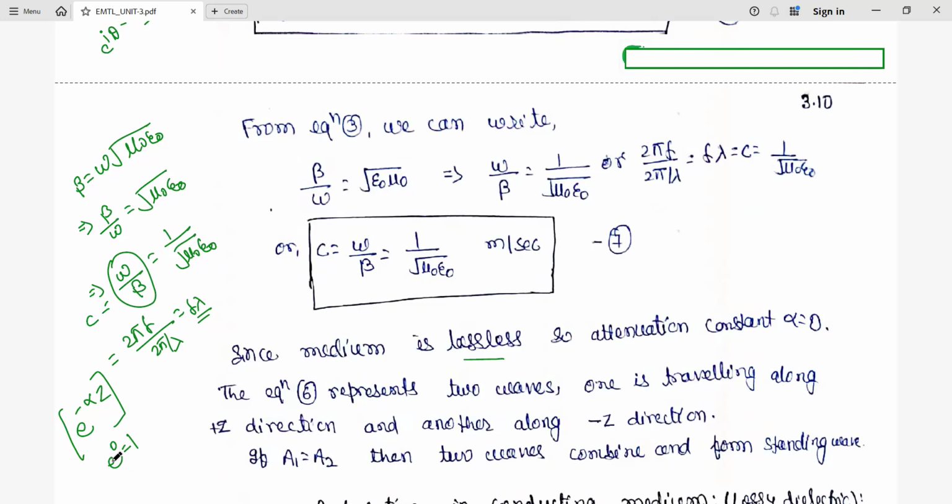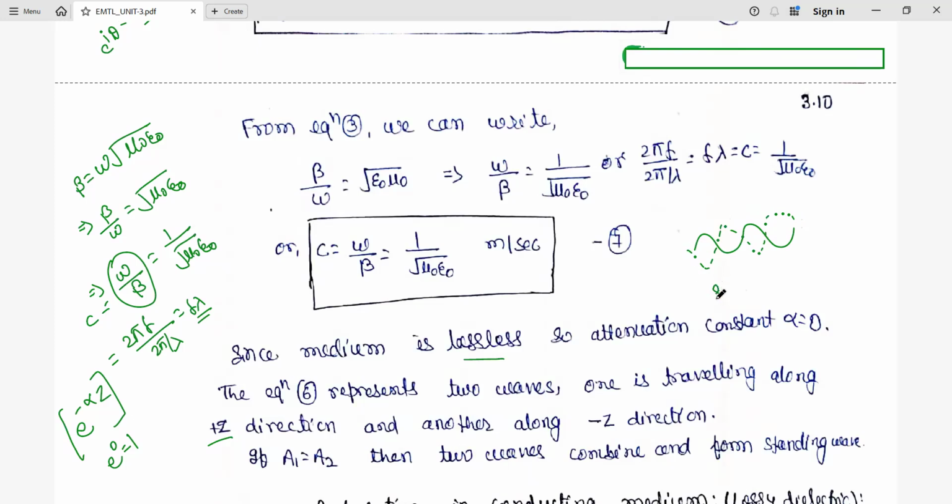Now the equation we have seen in equation number 6 is a combination of two waves. One is traveling, as we discussed earlier, along the positive direction, another in the negative direction. If the values of A1 and A2 become equal, then it is going to give the standing wave. What is the meaning of a standing wave? If one wave is propagating like this, another wave after returning is going to come in this way.